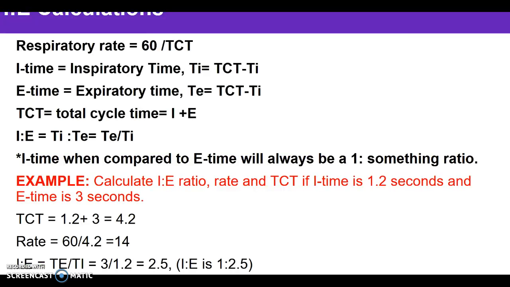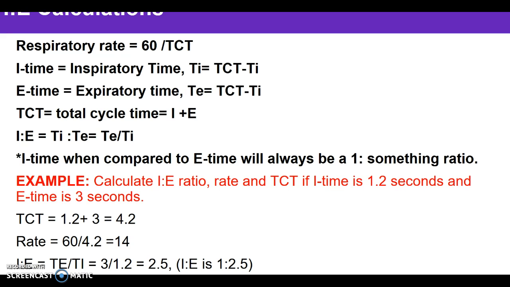So when we're talking about IE ratio calculations, we're using several variables. We're going to look at the respiratory rate, the I time, the E time, the total cycle time, and then the IE ratio. It's also important to note that in the IE ratio, the I time is the single constant and the E time will be the variable.